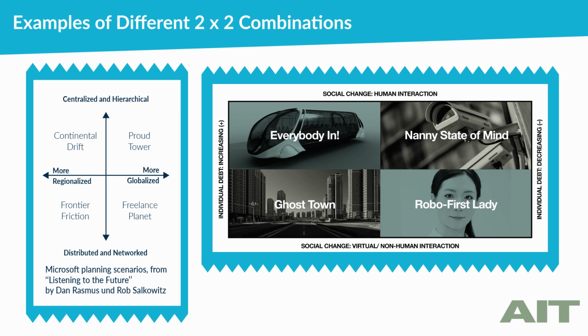Another example is about different types of social change versus an economic variable, which is about high levels of debt or low levels of debt. Each of the 4 worlds has quite clear titles. One is called Everybody In, another is called Nanny State of Mind, the other one is called Robo First Lady, and the last one is called Ghost Town.